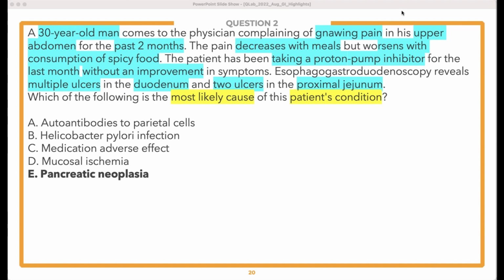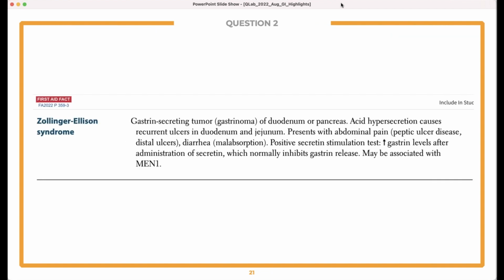And in this case, one of the things that you would want to worry about is Zollinger-Ellison syndrome, okay? This is when you have a neoplasm that secretes gastrin, and that causes more acid inside of your GI tract. So let's take a closer look at the next slide, a little bit in-depth look at Zollinger-Ellison.